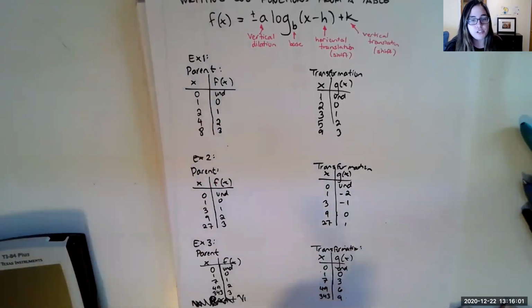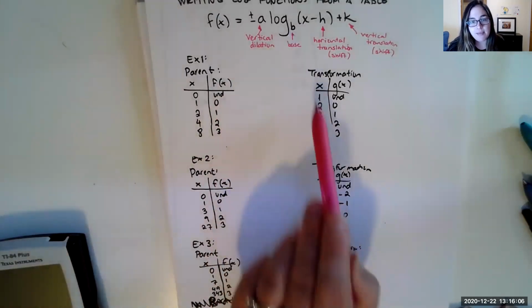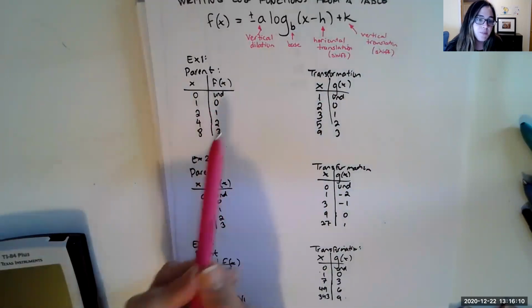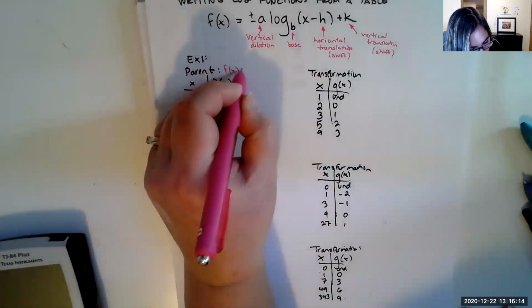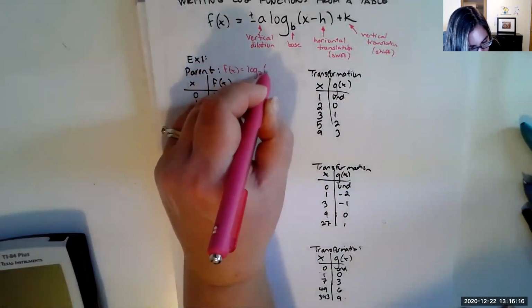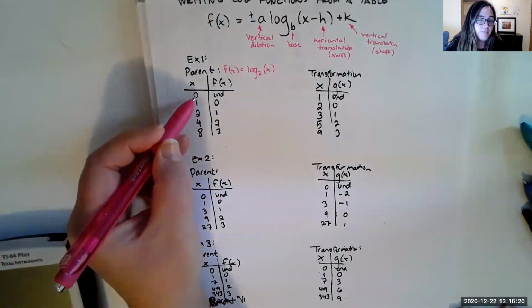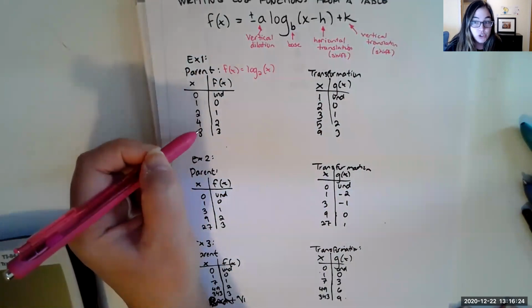For the first three, I'm going to give you the parent function that kind of reveals the base, and then we'll talk about the transformation and write that equation. This parent function is log base 2 of x. Why do I know it's base 2? My x values are getting multiplied by 2.